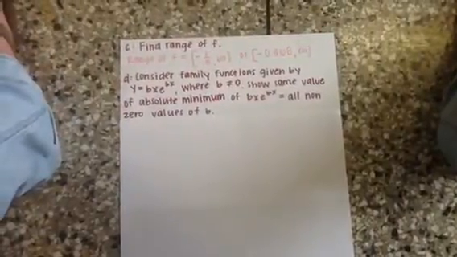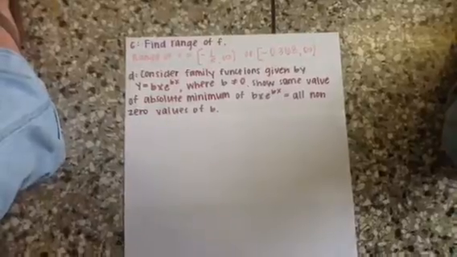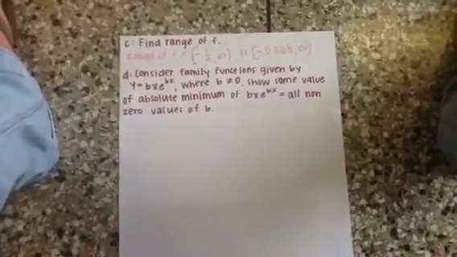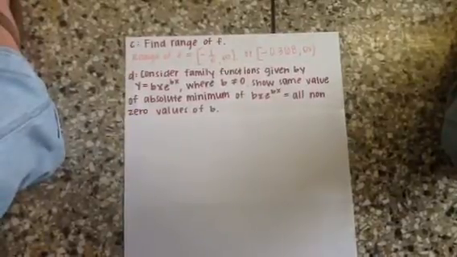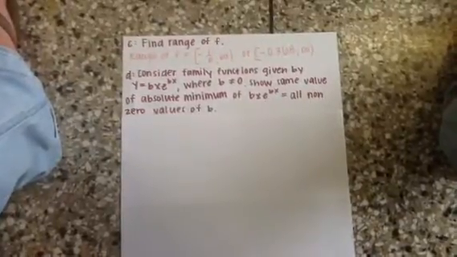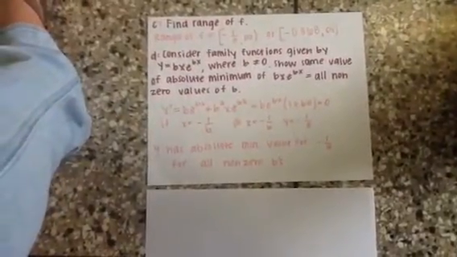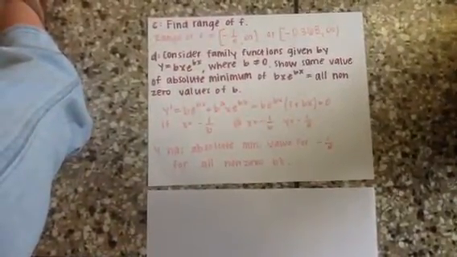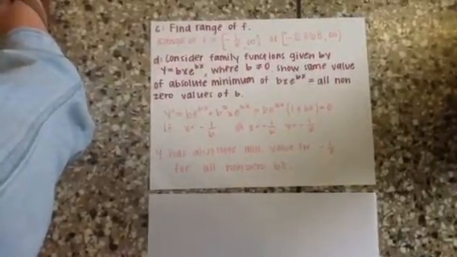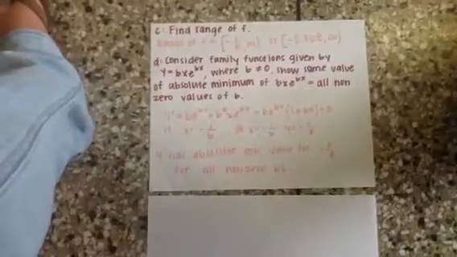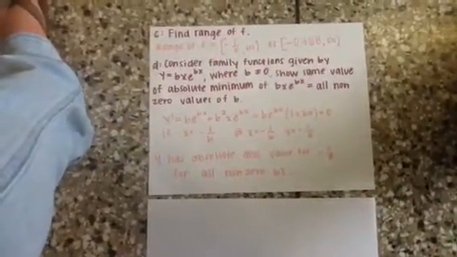Part D. Consider the family of functions given by y equals bx e to the bx, where b does not equal 0. Show that the absolute minimum value of bx e to the bx is the same for all non-zero values of b. To find this, you take the derivative of y, which equals b e to the bx plus b squared x e to the bx, which then equals b e to the bx times 1 plus bx, and set that equal to 0.